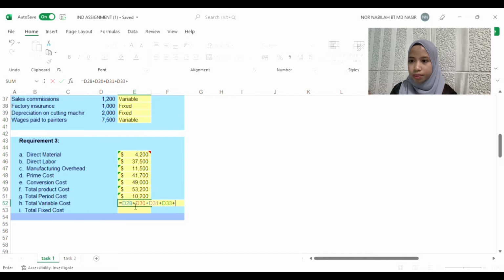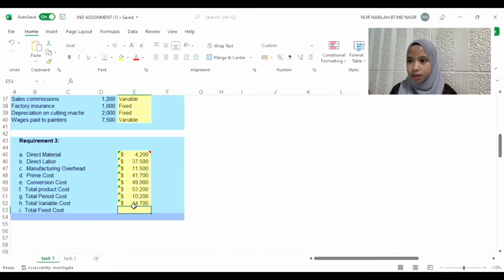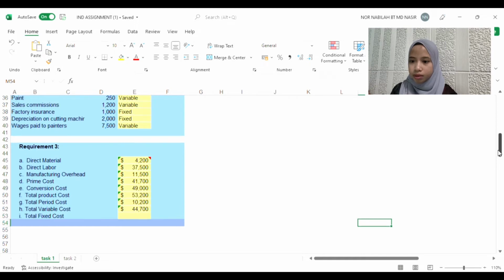So D28 plus D30 plus D31 plus D33 plus D35, and then plus D36, D37, and D39 and D40. So the total is 44,700.